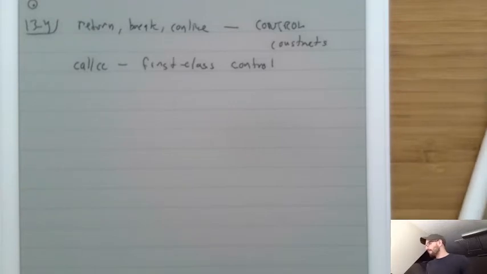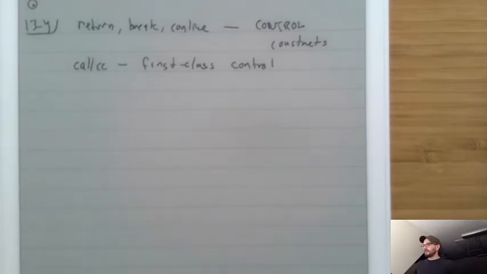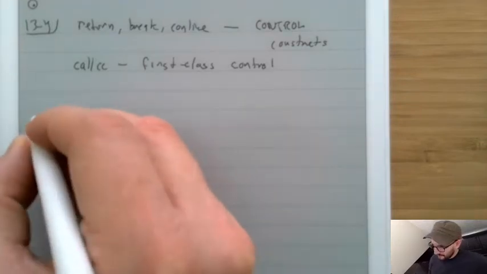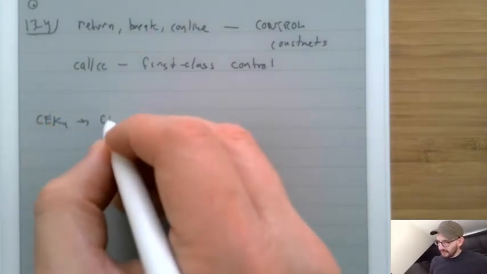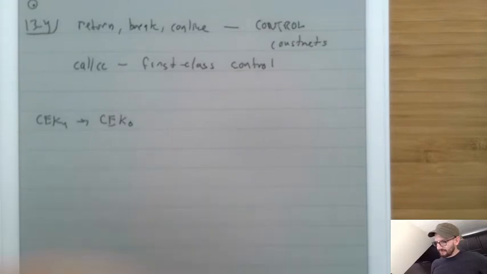Now, how can we implement this inside of our CEK machine? We can implement it in our CEK machine, and this will be, we're turning our CEK4 machine into CEK6.